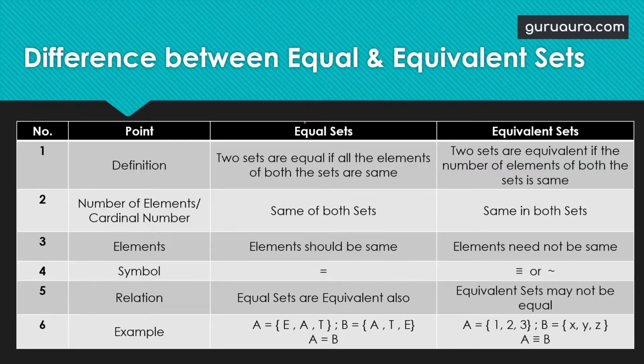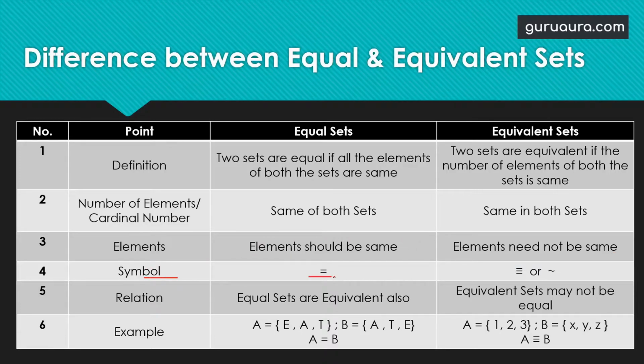Secondly, number of elements is the same in both the sets in case of equal sets and the same in both the sets in case of equivalent sets. Thirdly, elements should be the same in case of equal sets, whereas in case of equivalent sets, elements need not always be the same.